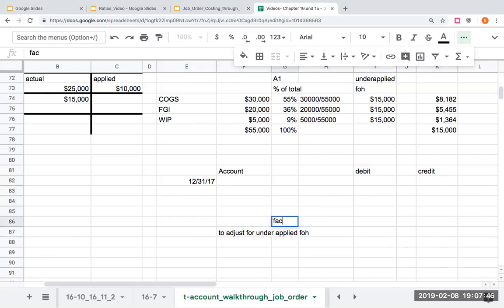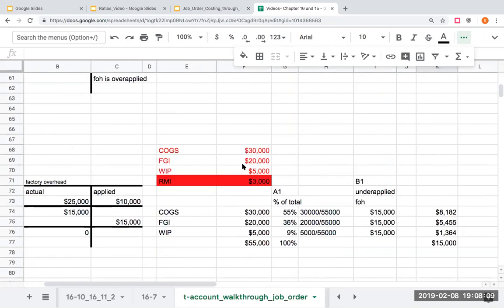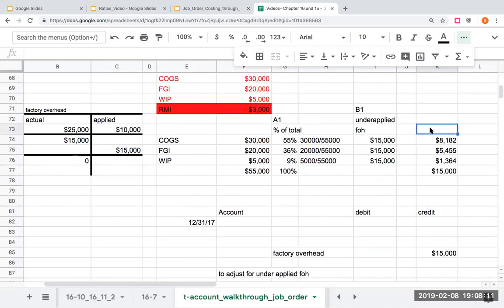So I still need to credit factory overhead for 15,000, and this is what I need to do to make this account 0. But unlike in the earlier examples, instead of just putting it to cost of goods sold, I'm going to take the percentage of the total multiplied by that 15,000 and apply it to these different accounts.